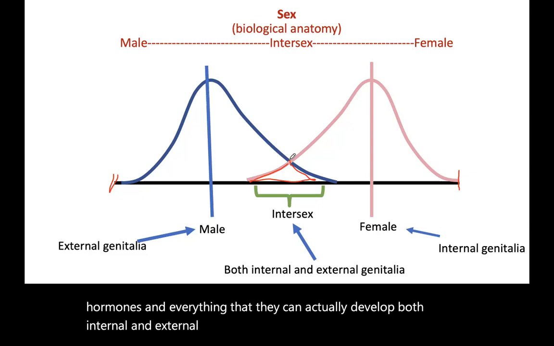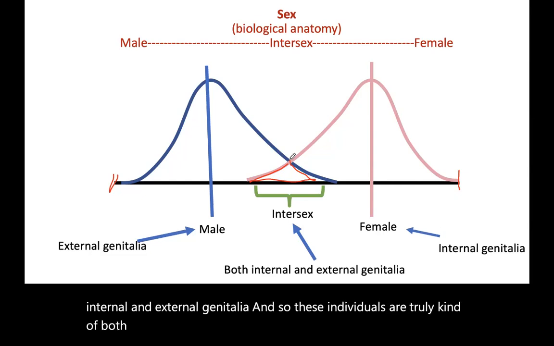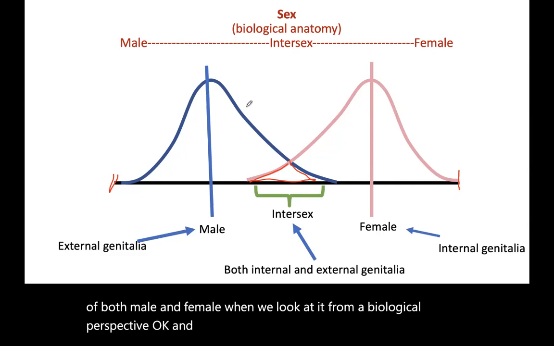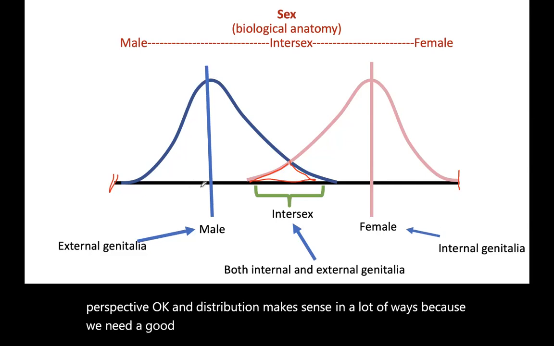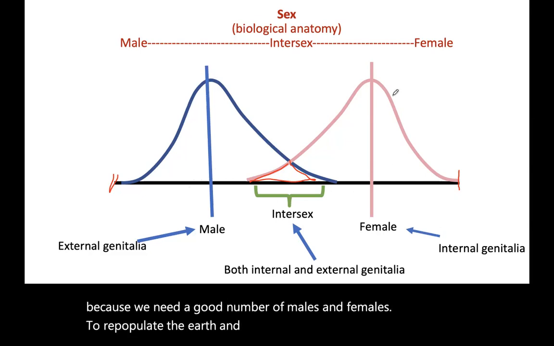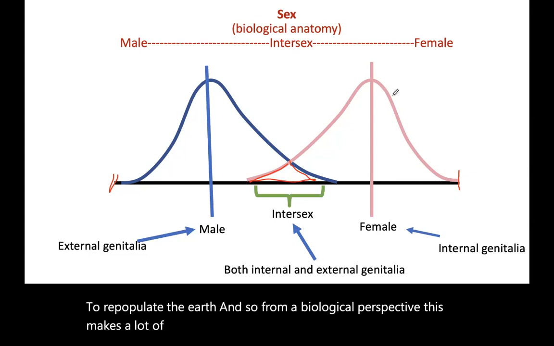And so these individuals are truly kind of both male and female when we look at it from a biological perspective, okay? And this distribution makes sense in a lot of ways, because we need a good number of males and females to repopulate the earth. And so from a biological perspective, this makes a lot of sense, right?